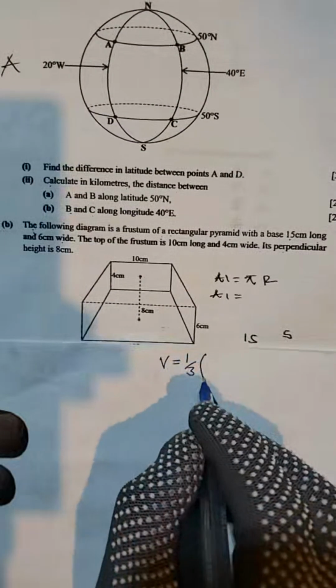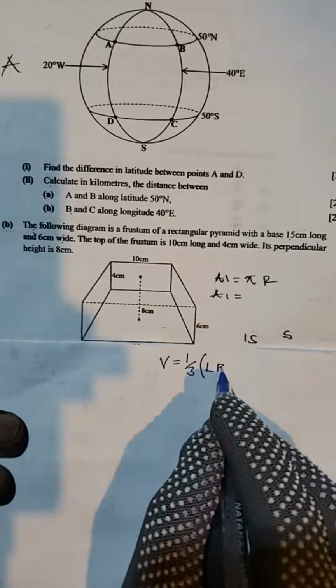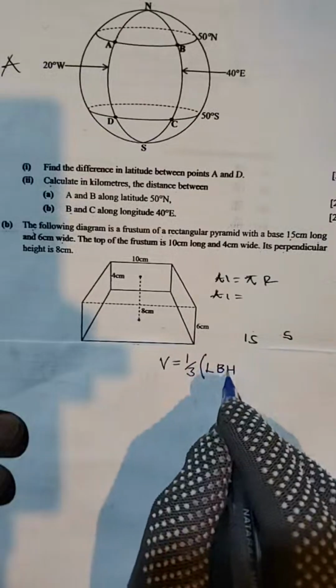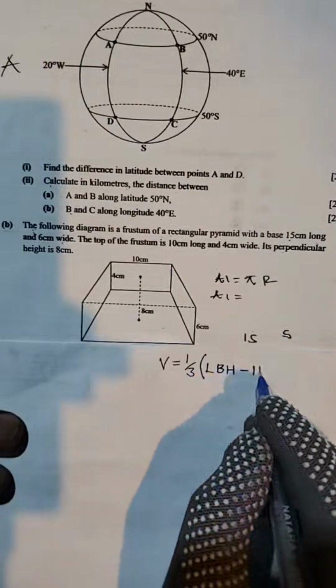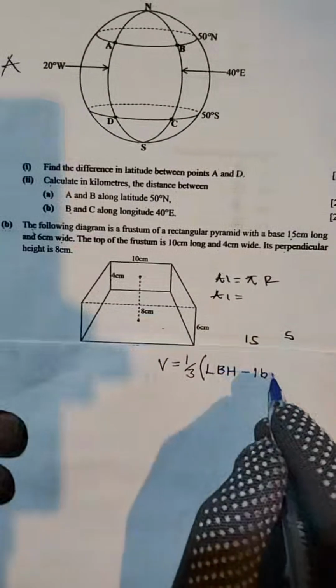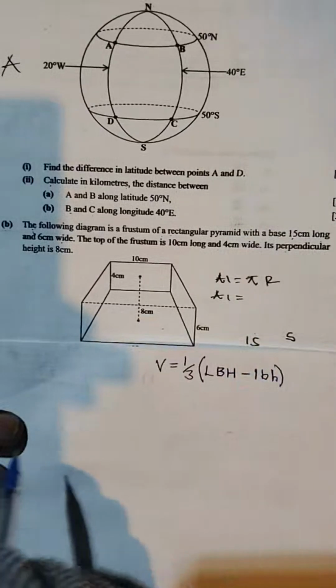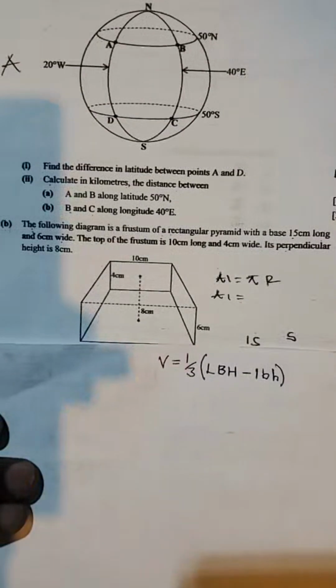So we're going to say 1/3 open bracket, length times the breadth times the height of the larger pyramid, minus length times breadth times height of the smaller pyramid. All right, don't worry, we'll get back to this formula.